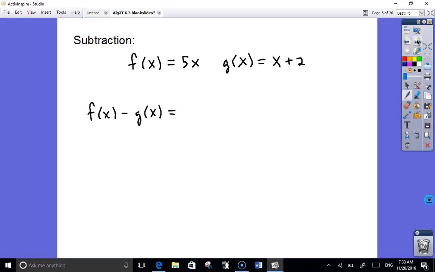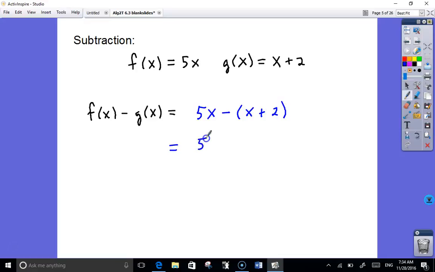All right, subtraction. Again, your intuition would probably be right. The tricky part is if you're subtracting a function which has more than one term, you have to be careful about the minus sign, because it changes the sign of everything that comes after it. So I'll substitute 5x, and I'll put minus, and I'm going to be careful to put my second function in parentheses.